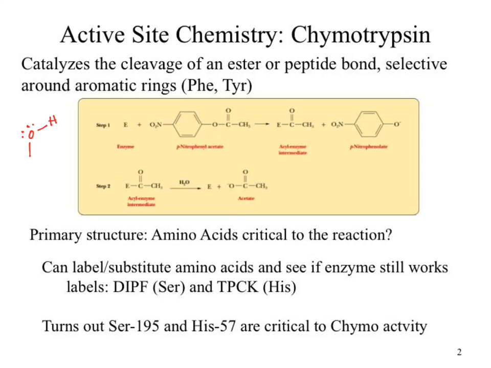Donate a hydrogen to something. It could donate a hydrogen, which would mean it's acting as an acid. Or it could act as a base. It could accept those electrons from a hydrogen. Or does it have to donate those electrons to a hydrogen? No, it could actually act as the nucleophile to help cleave that bond.